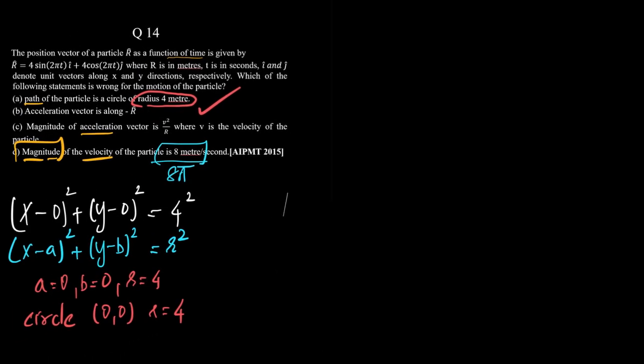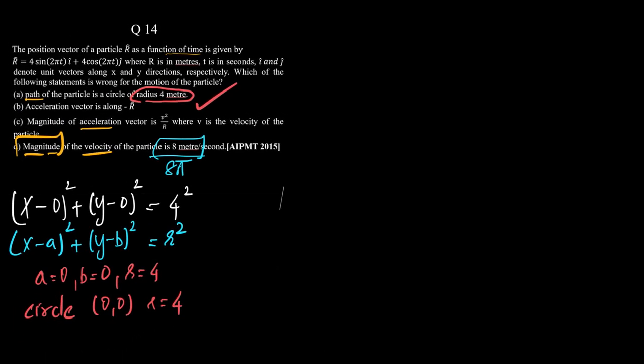Now let us see the second option, which is about acceleration and velocity. So again, r is given to be 4 sine 2 pi t i cap plus 4 cos 2 pi t j cap.